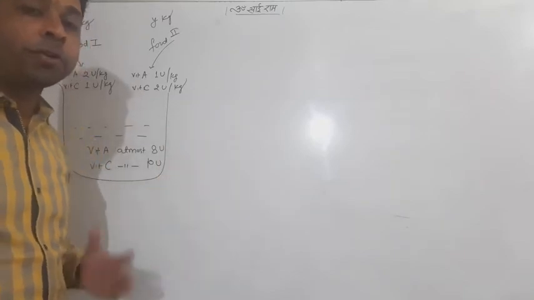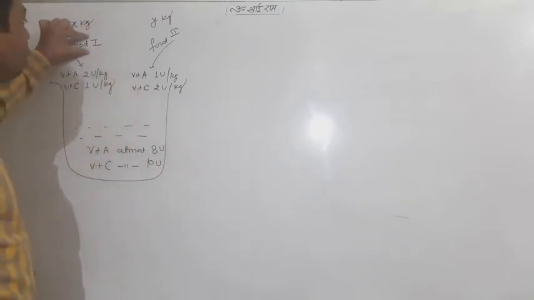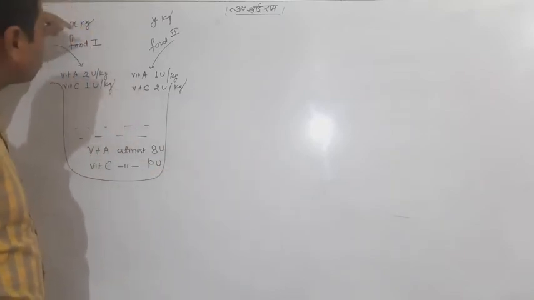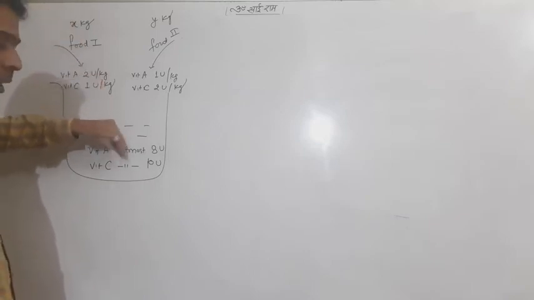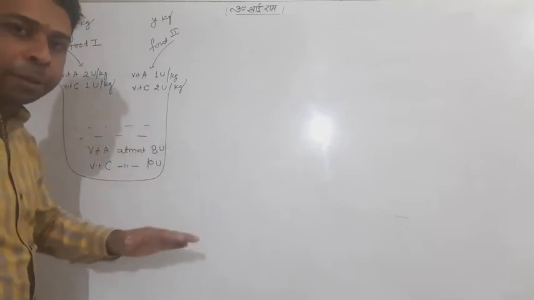Now let me explain roughly: food 1 has a quantity x kg, so when it is mixed in this pot, what will happen?